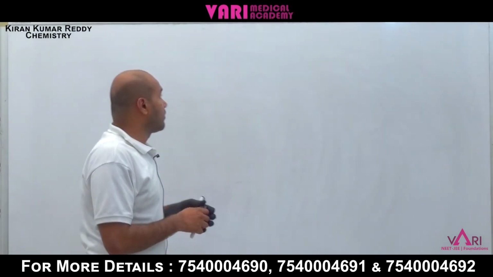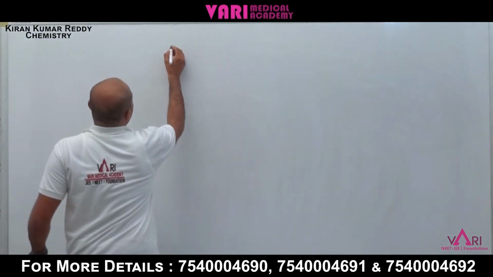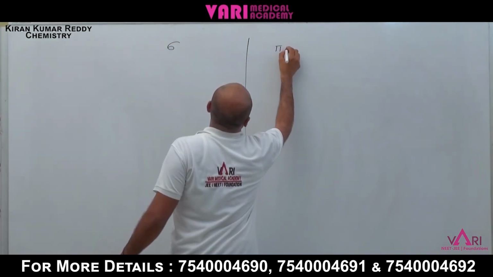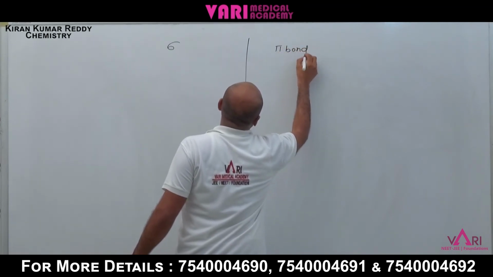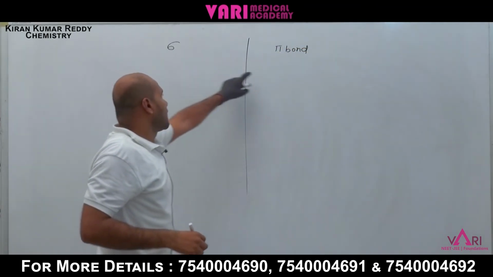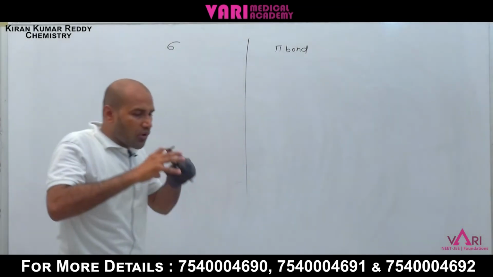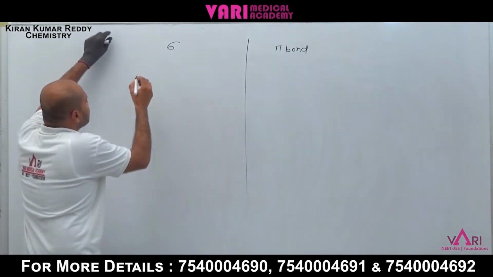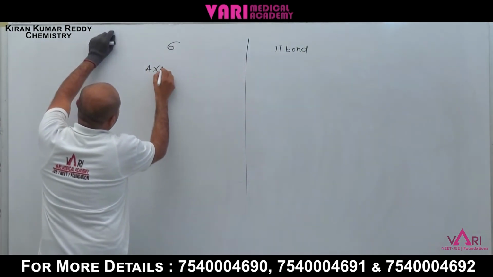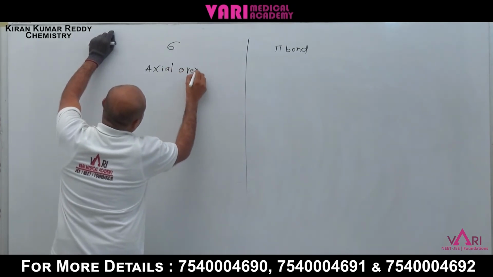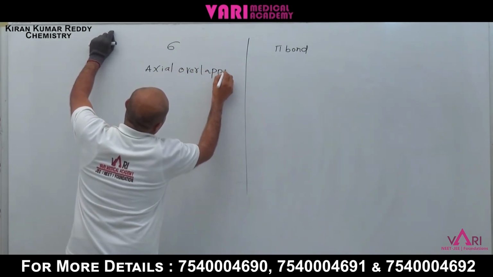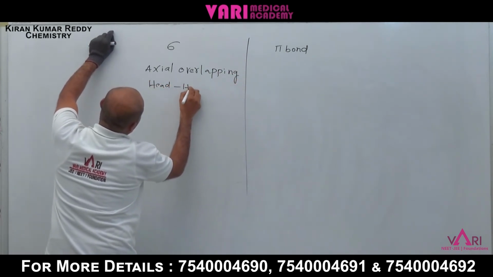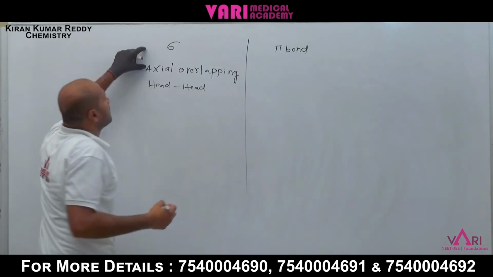Please note down this. After this, we can discuss the difference between sigma bond and pi bond. Sigma bond is the more extent of overlapping and pi bond is the less extent of overlapping. Head to head overlapping means more extent of overlapping. Here is axial overlapping, or head to head overlapping, to form sigma bond.